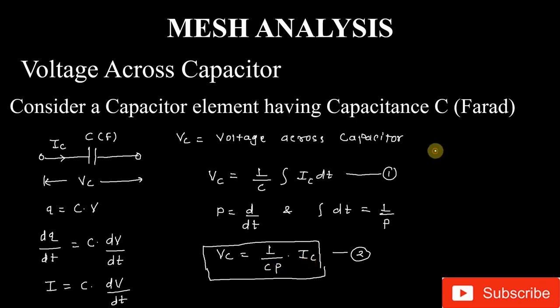Okay, so this Cp is measured in ohms. It will be the impedance of this capacitive circuit, and C is measured in farad. So in that way we have found out, in a table, what we have studied up till now. First I will consider the element.